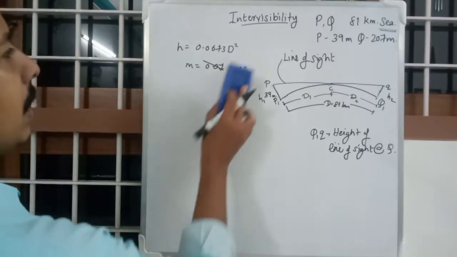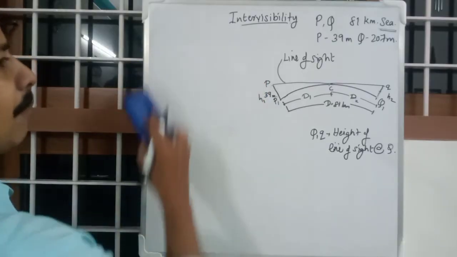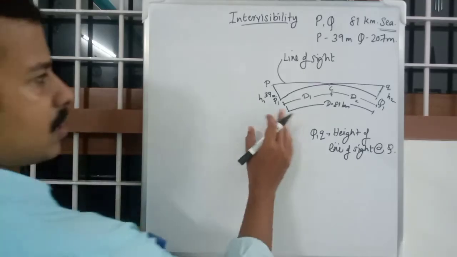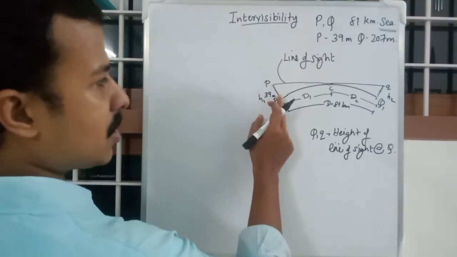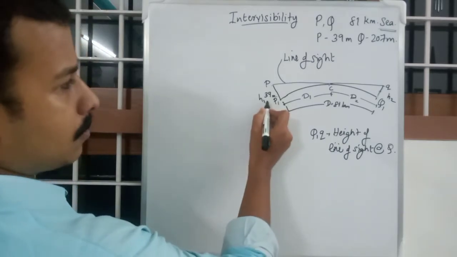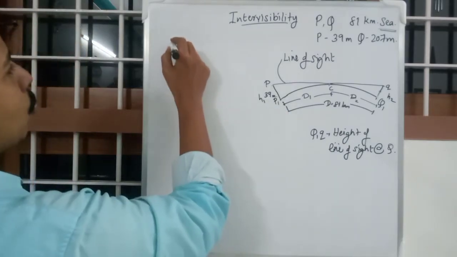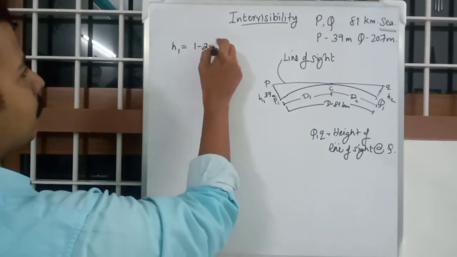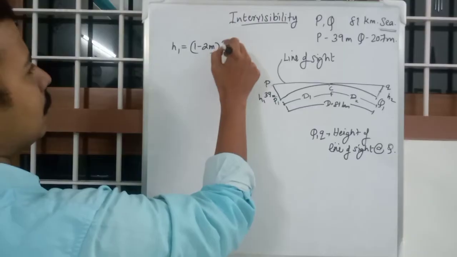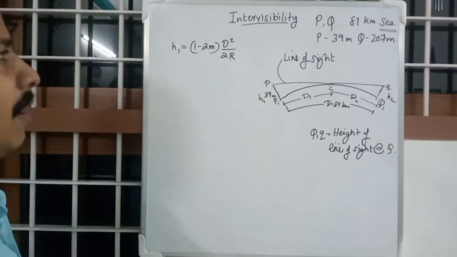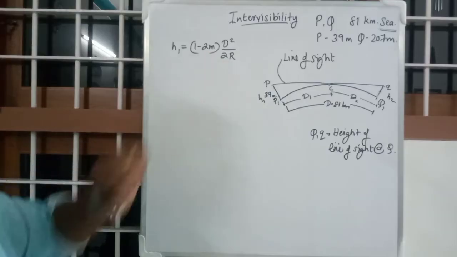So we will be taking the elaborated equation. We always start from the instrument station, and we know h1. h1 is equal to (1 minus 2m) d squared by 2r. We know the values of m and r.